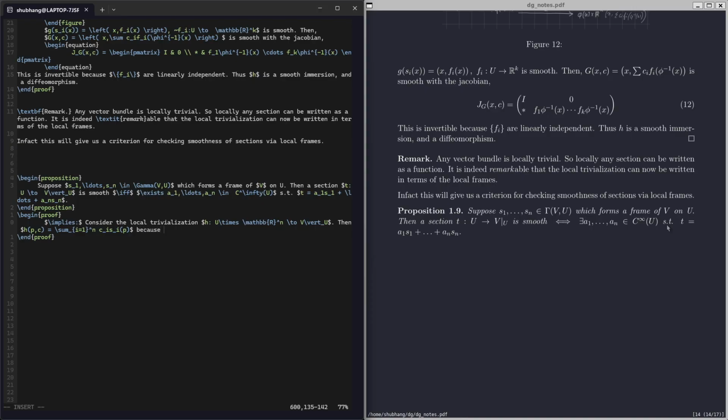because psi is a frame, and one can write.